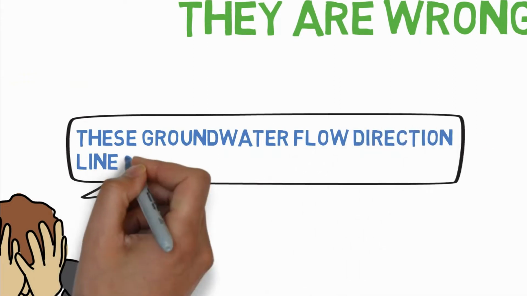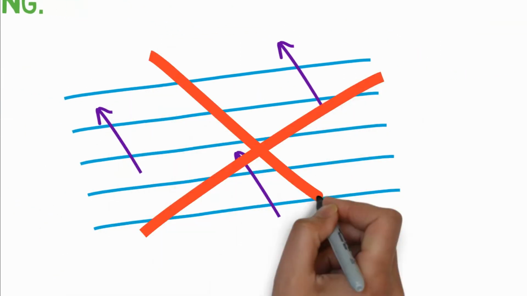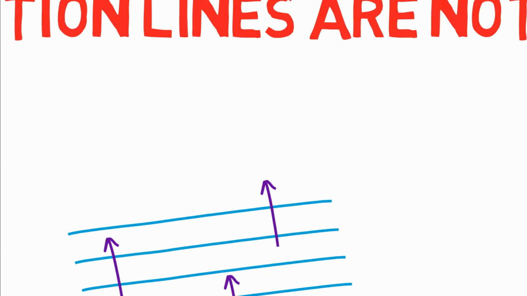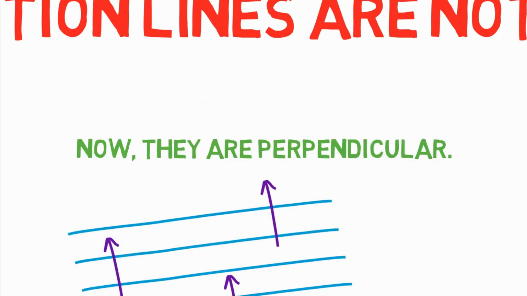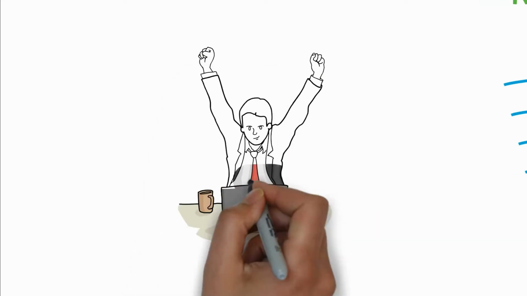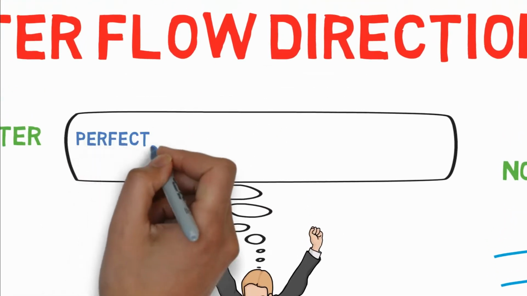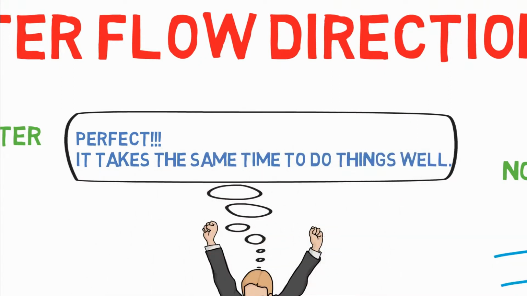These groundwater flow direction lines go against the gravity. Now they are perpendicular. Perfect! It takes the same time to do the things well.